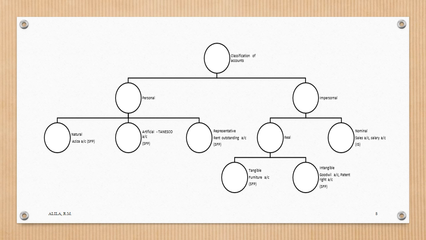And the representative personal account, like rent outstanding, these are items for the statement of financial position. Again, even the real accounts, those tangible and intangible, like a furniture account, goodwill account, patent, those also are items of the statement of financial position.